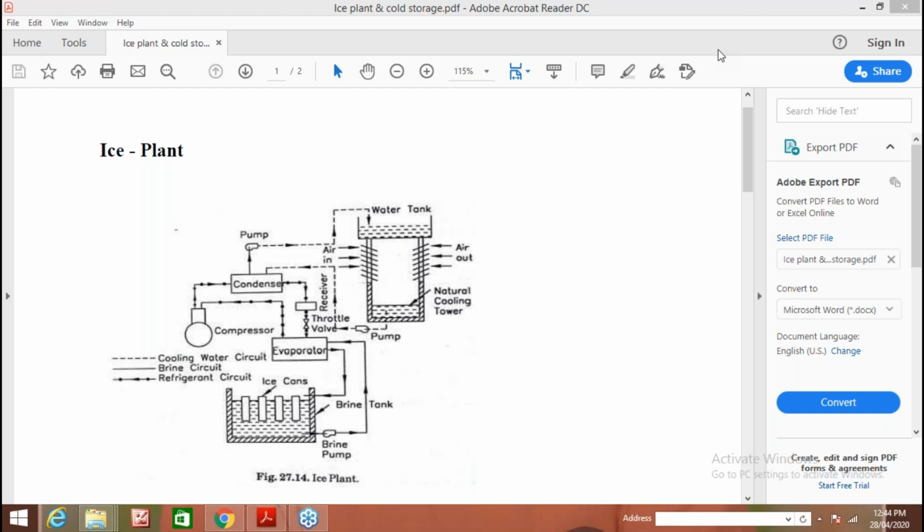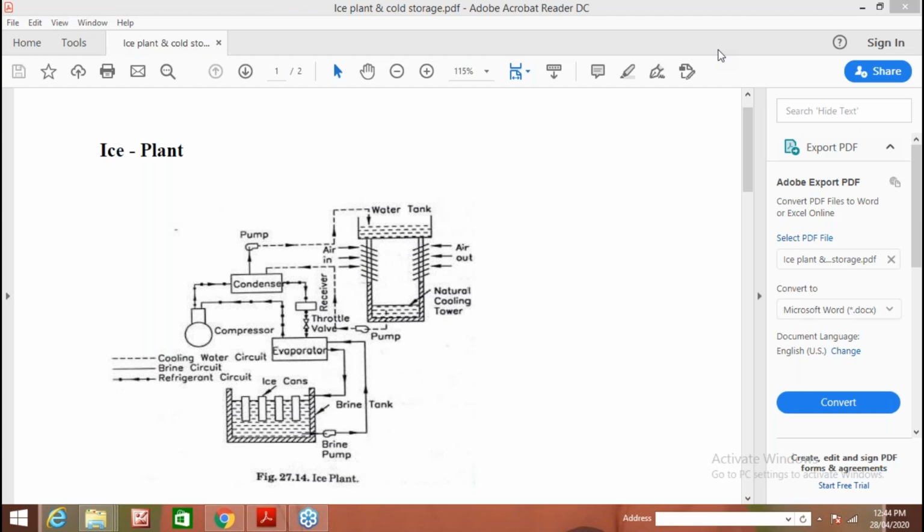So what happens? Suppose you want to keep vegetables here. These boxes will be filled with vegetables. Whatever air circulates through this cold storage is cooled and has the required properties for vegetables. Generally, for vegetables, the temperature of this cold storage should be between 0 to 5 degrees Celsius, and relative humidity should be between 80 to 90%.